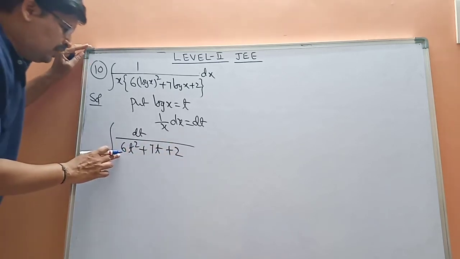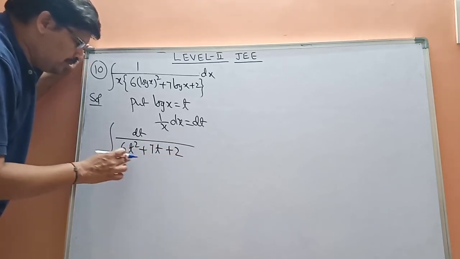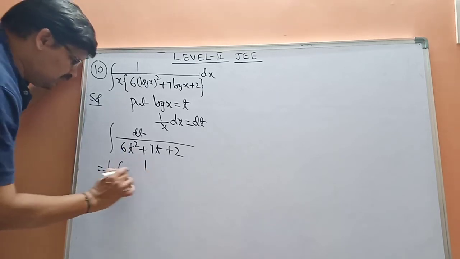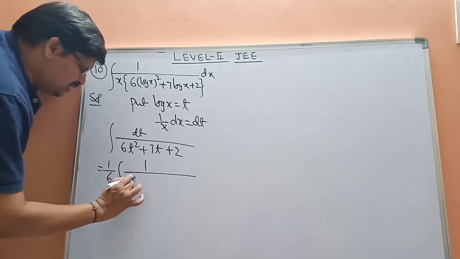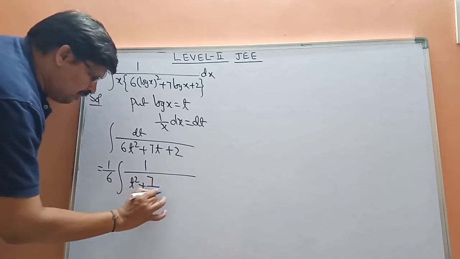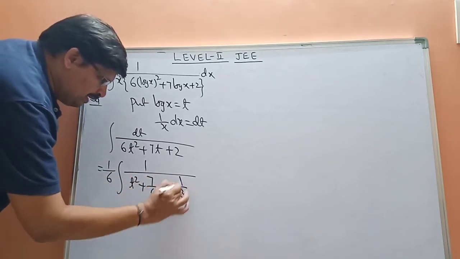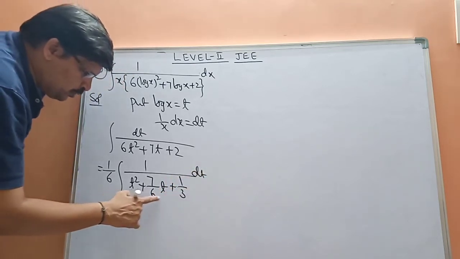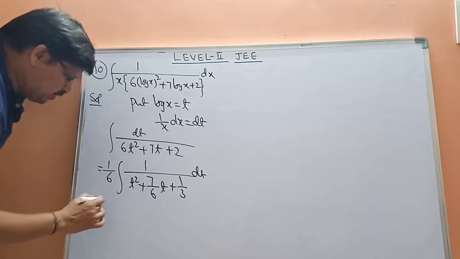Here I will write this one in the perfect square method. That's why I take 6 common here. It equals 1 by 6 into 1 by (t square plus 7 by 6 t plus 1 by 3) dt. Now this is a square plus 2ab. I have to write this in a perfect square.